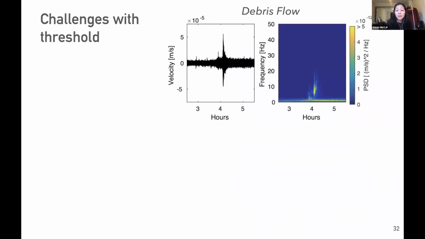There are certainly some challenges with a threshold-based method, where there can be other events, not necessarily natural events, that exceed the threshold. The top plot shows the signal again from the debris flow, both the seismogram in velocity and the spectra in frequency.